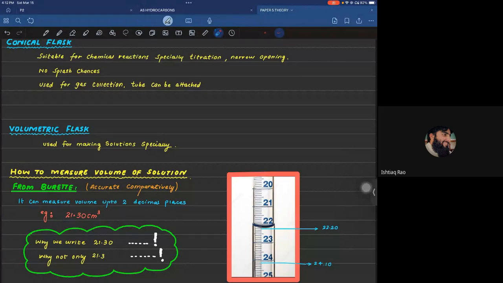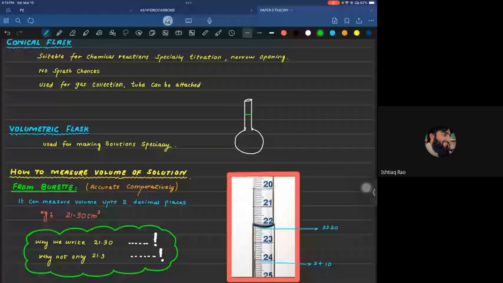volumetric flask. This is the volumetric flask. And interestingly, there is no graduation on the volumetric flask. You will see only one mark over there. And it comes in different sizes.